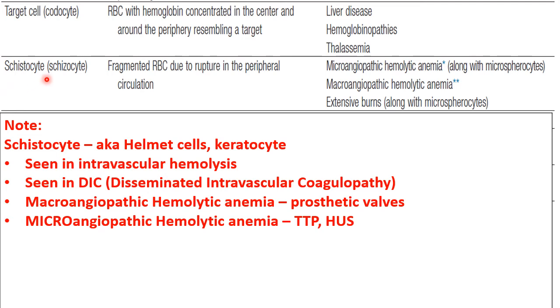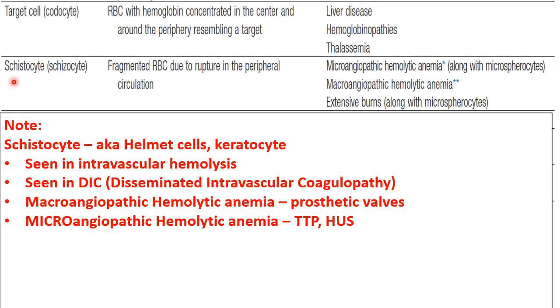Schistocyte naman tayo or schizocyte. Schizocyte, also known as helmet cells or keratocyte. Okay? Dito naman, madalas silang makita in intravascular hemolysis such as in microangiopathic hemolytic anemia and macroangiopathic hemolytic anemia.